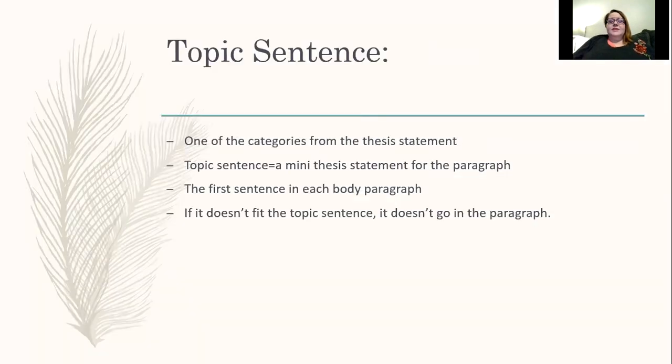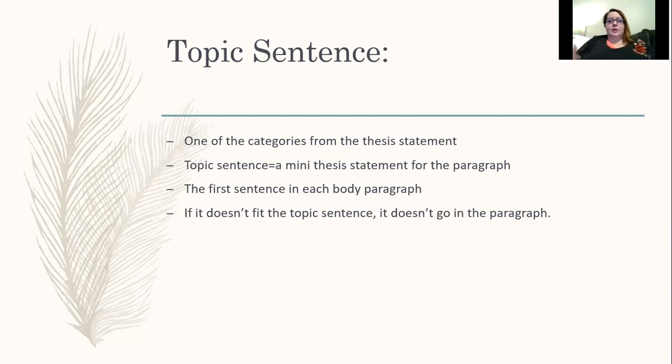The topic sentence, the first of these, is one of the categories from the thesis statement. So when we talked about the thesis statement last week, we talked about how a thesis statement sets up your point and then talks about 3 different ways or categories that point or topic or theme finds its way or appears in Claudia Lev Meyer's book.